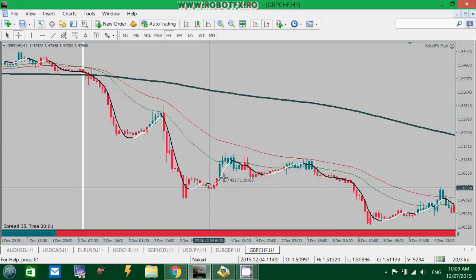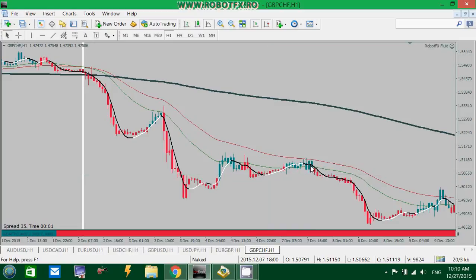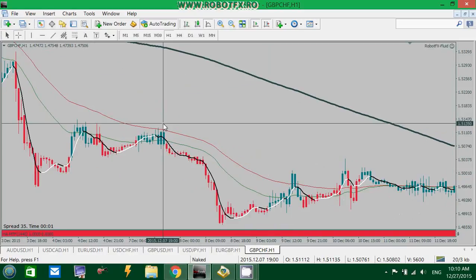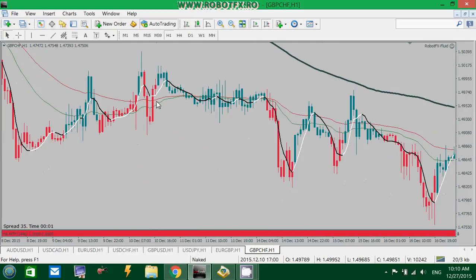Here we would have a break-even trade probably, depending on the stop loss settings. Another break even, sell signal, break even, sell, sell, sell, a short period of consolidation.